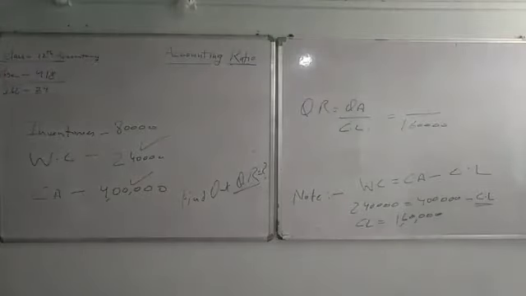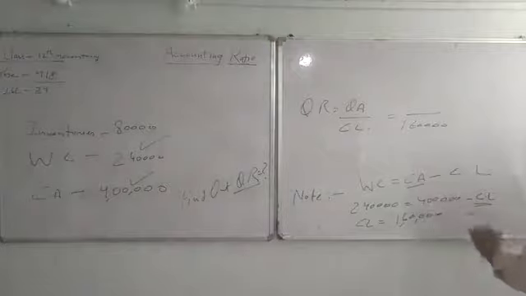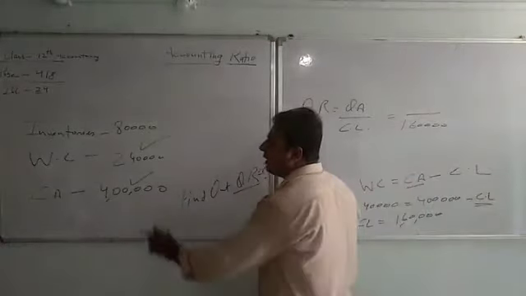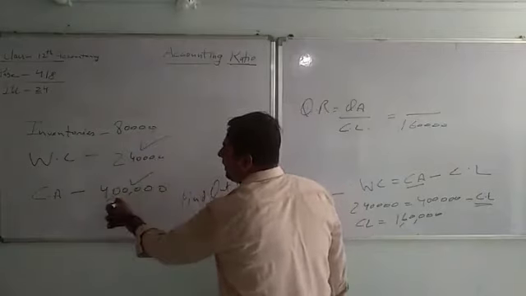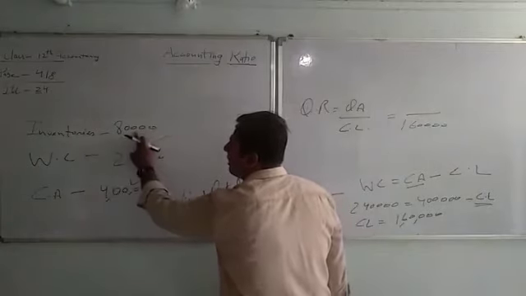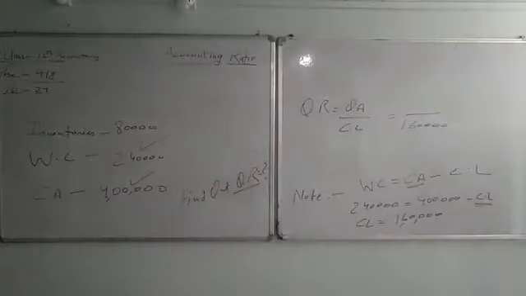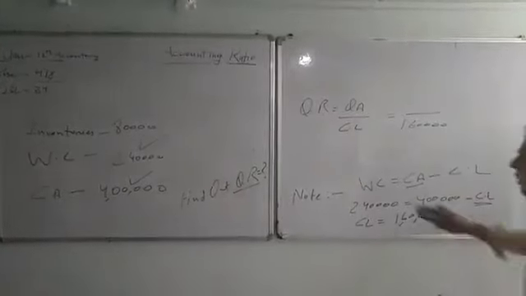Now we have to find the quick asset. We have the current asset 4 lakh; the question already gives 4 lakh as current asset. Minus, if we deduct inventory 80,000 from current asset, then our quick asset will come. So we will write a note here. See on the blackboard.